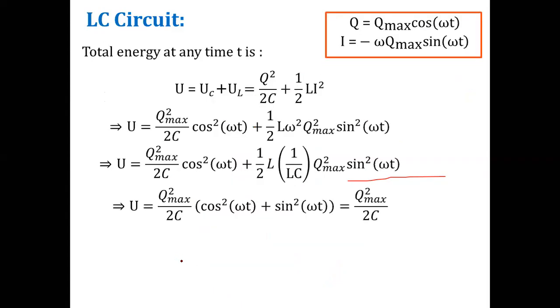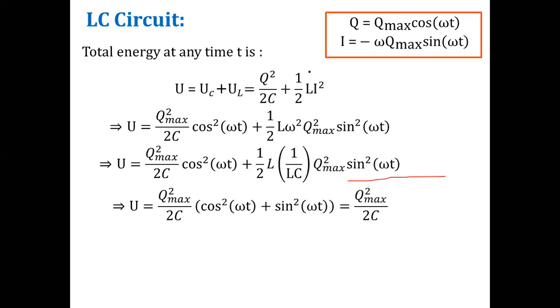If you talk about the total energy, we did say that if your energy is stored totally in the capacitor, your energy is equal to q max square over 2C. If your energy is totally in the inductor, this is equal to 1 by 2 L I max square. But what if we want to calculate the energy at any random point of time? I would like to prove that my total energy at any random point of time is also constant.